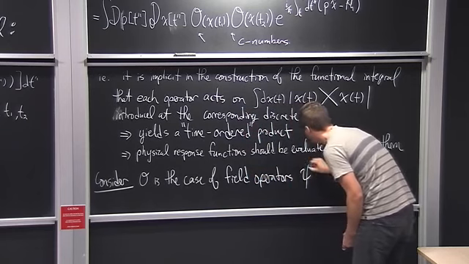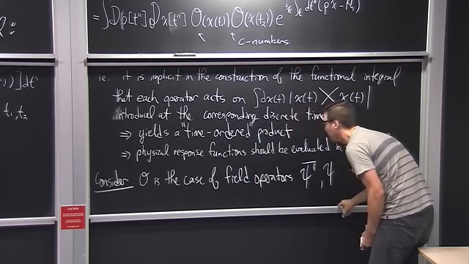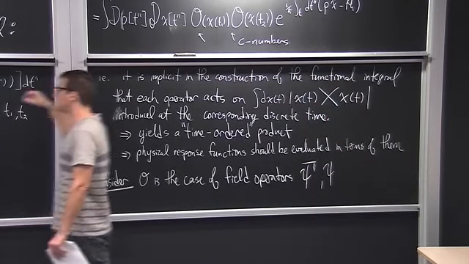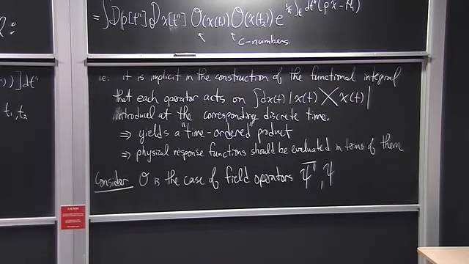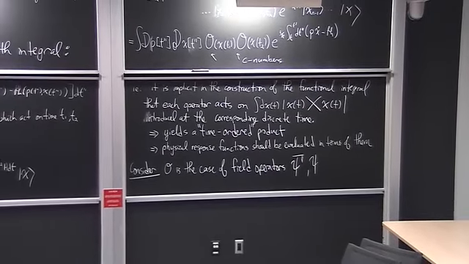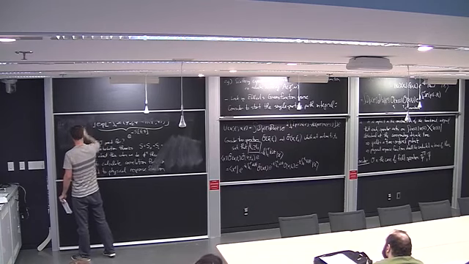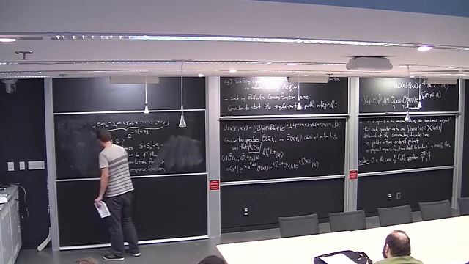So I'm calling them psi bar and psi. So when I have the two-point correlation function of field operators, and it's time ordered, that's the thermal Green function, if it's time ordered in imaginary time.